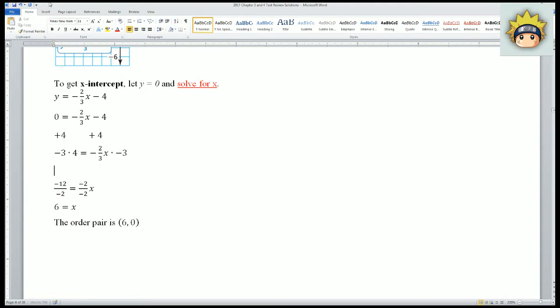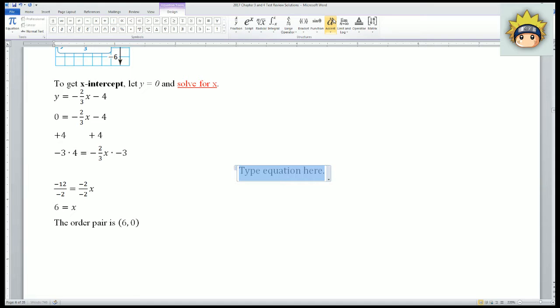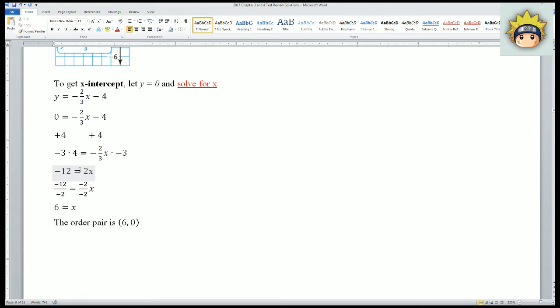I could even show you that. You should get something like -12 equals 2x. Then you notice that the 2 is attached by multiplication to the x. It's like 2x. To get rid of the 2, you have to divide both sides by 2. Okay, and I forgot the negative here. Hold on.